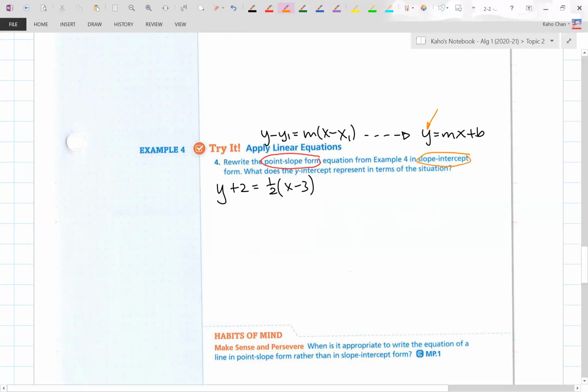All right. So I would highly recommend isolating y first. Let's move the plus 2 to the other side by subtracting.